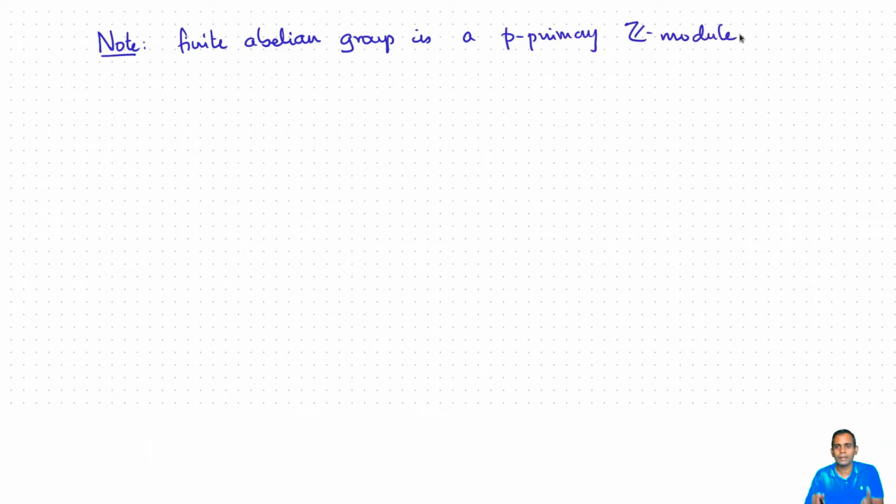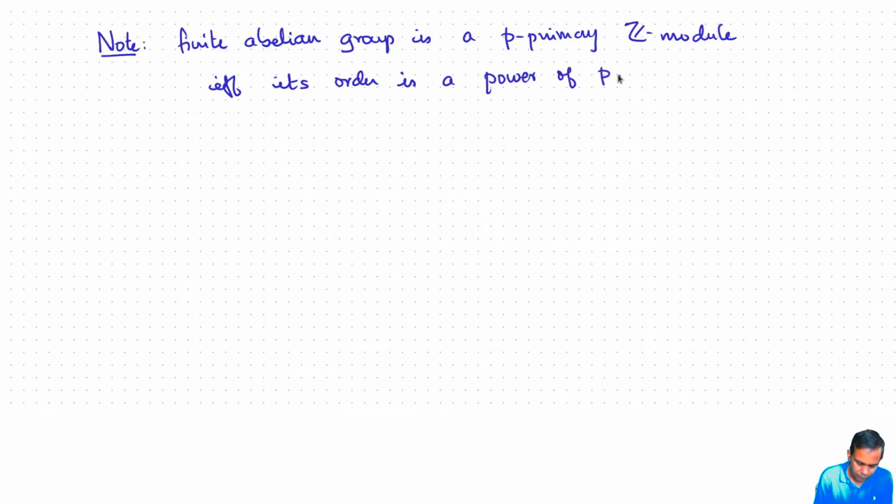Then we know that it is a product of groups of the form Z mod P to the various powers of P. This is the same as, if and only if, its order is a power of P. And so finite abelian P primary groups are the same as abelian P groups.